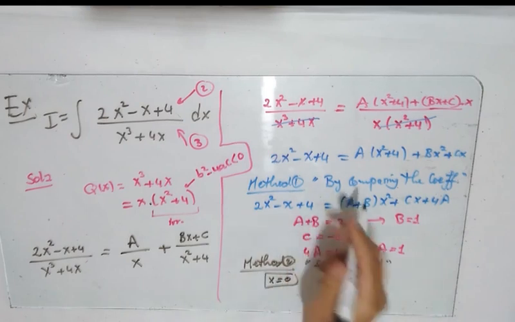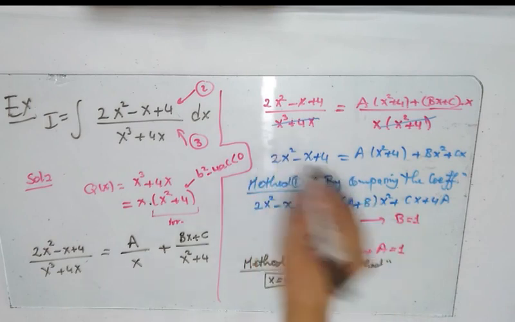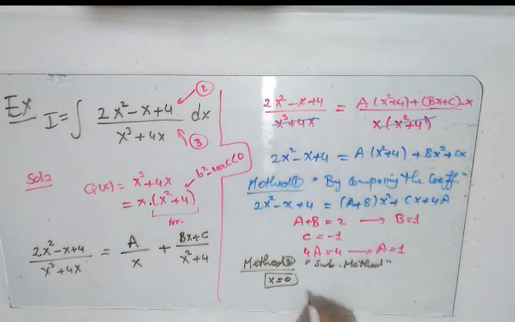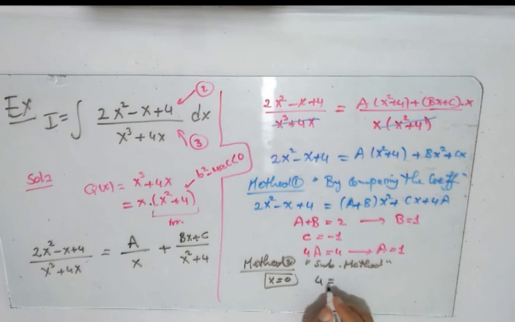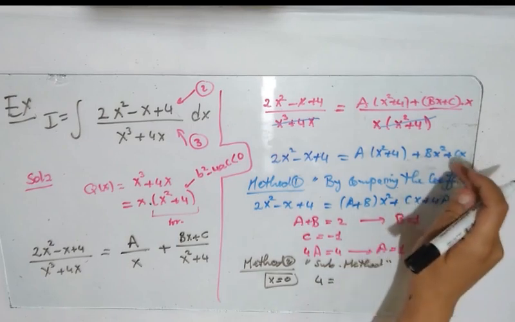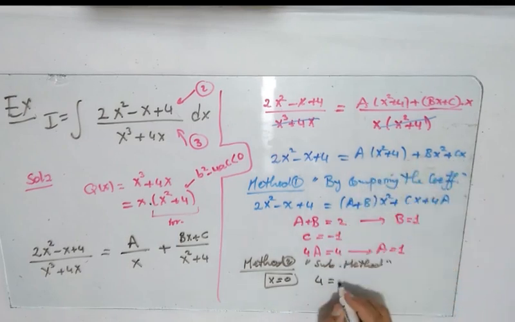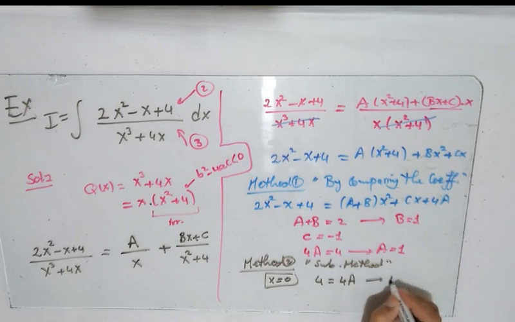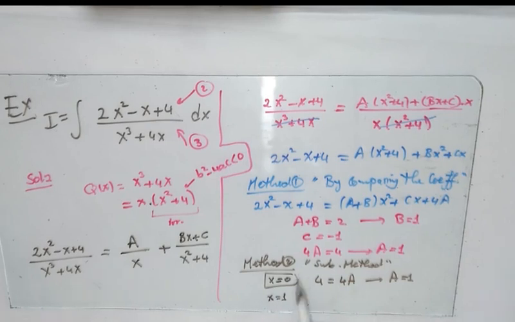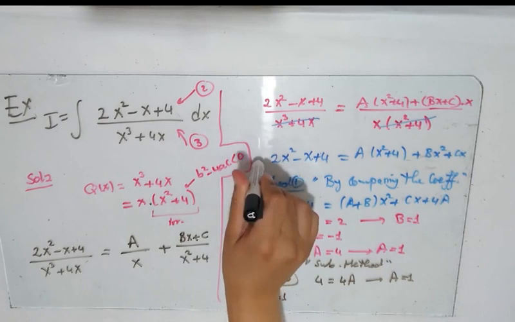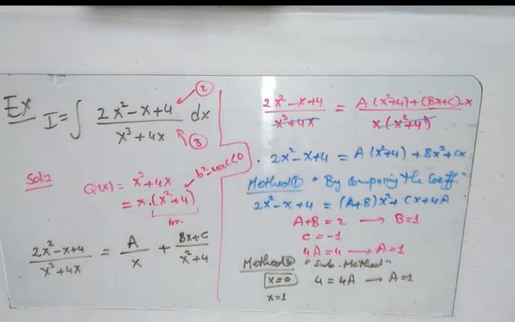If x equals 0 and I substitute in this equation, you will get 4 equals 4a, since the other terms will be 0. So from here a equals 1, and you can choose any other values of x, because this equation is true for every x.